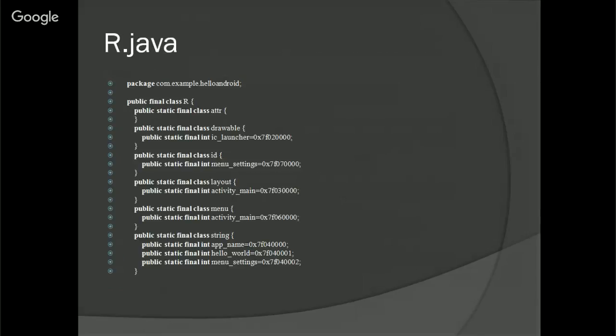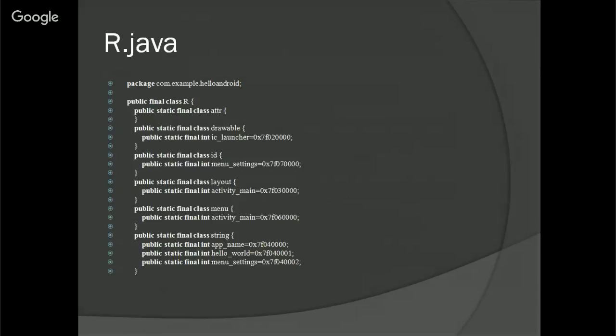If you look at the basic code of R.java, then this is how it looks like. Basically, the R.java is enclosed by a package according to your project name, and this R.java is nothing but a Java class.